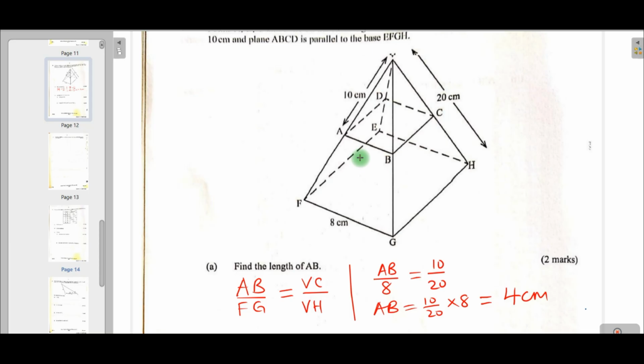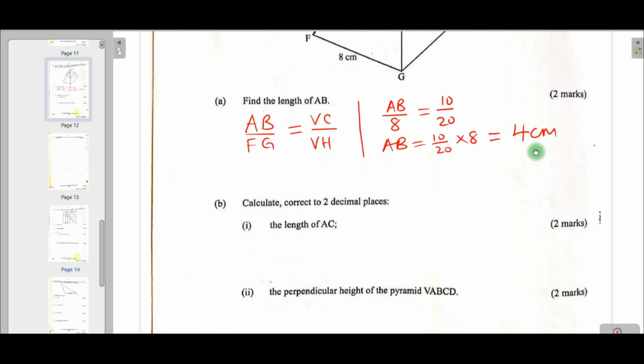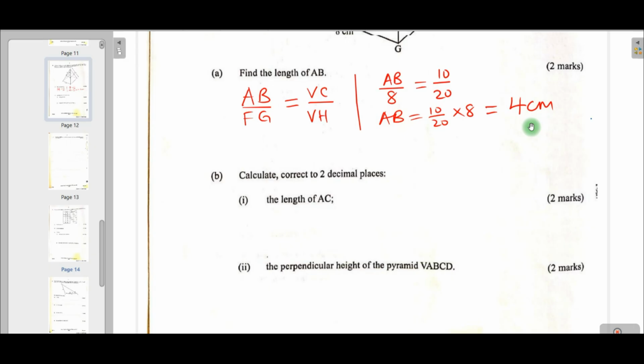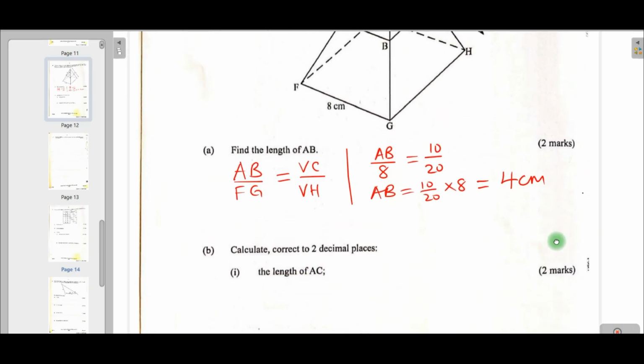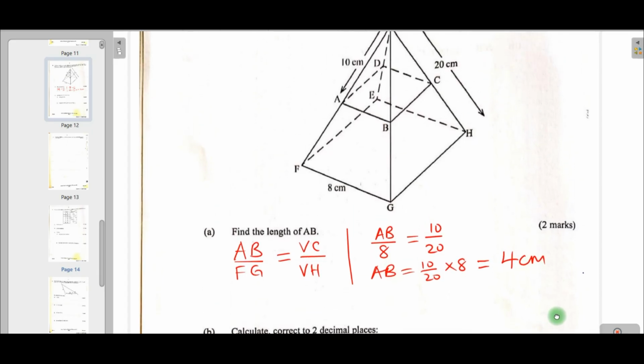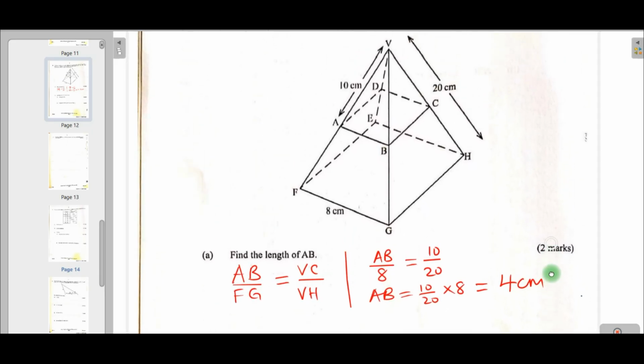Then from there we go to part B of the question. For part B we need to find length AC. So where is our AC? Length AC.